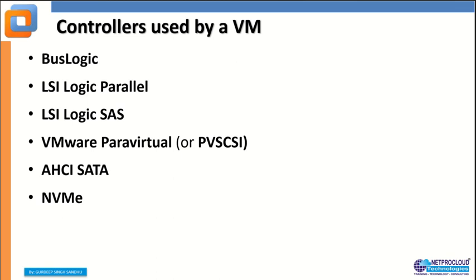So it is a quite faster controller than the other traditional BusLogic, LSI Logic Parallel or SAS, Paravirtual, and SATA controllers. Each virtual machine supports 4 NVMe controllers and up to 15 devices per controller. So it's very good. Here we should know about NVMe, and we should use NVMe in a virtual machine with hardware version 13.